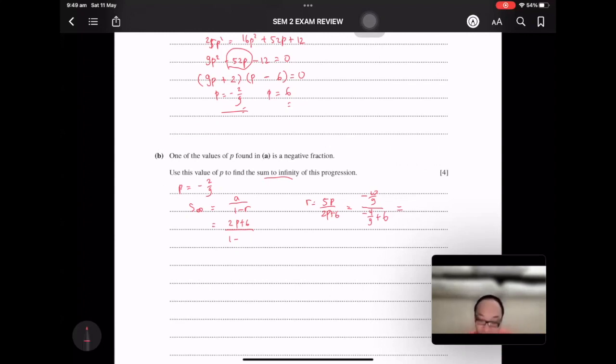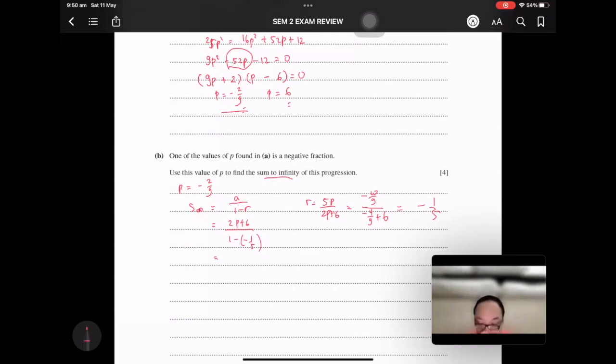Negative 10 over 9 divided by negative 4 over 9 plus 6 equals negative 1 over 5. So this is negative 1 over 5.